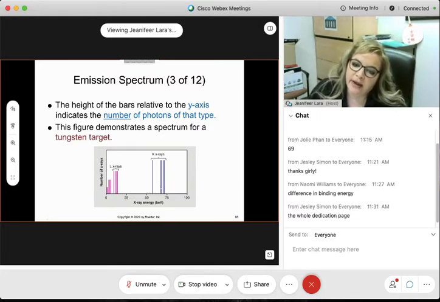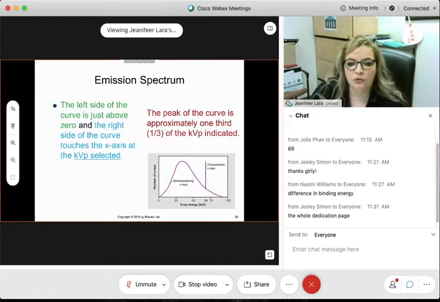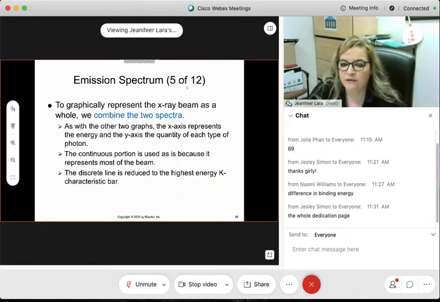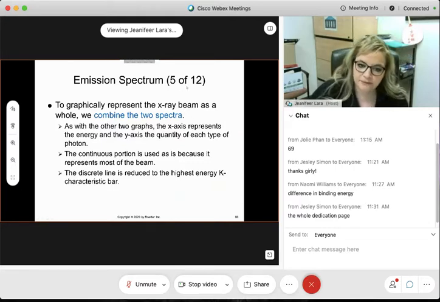This is just indicating how to look at these images. We know that we're looking at characteristic because we're looking at lines. If we were looking for a continuous graph, we would be looking at brems, and brems is going to look like this, also called continuous. When we're talking about the emission spectrum, you have this in your slides.